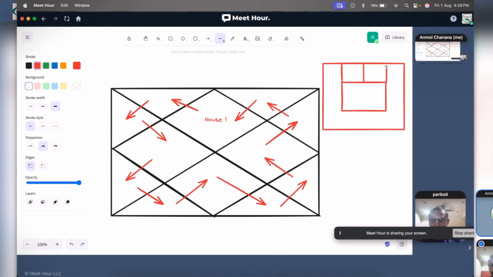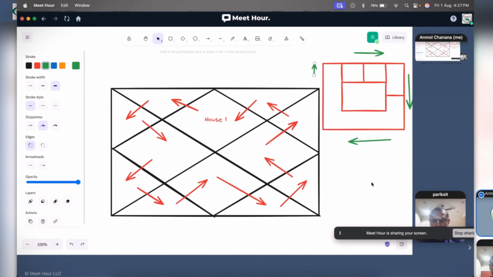So it would be something like this, and this would be navigated like this.